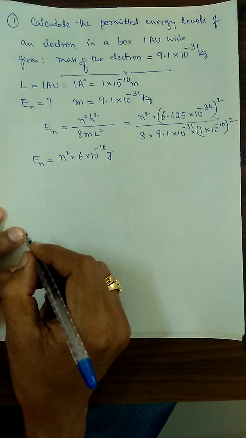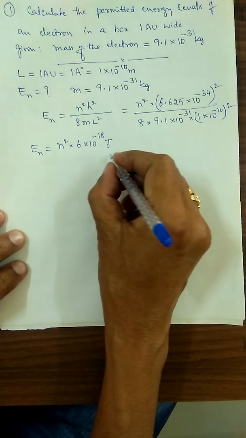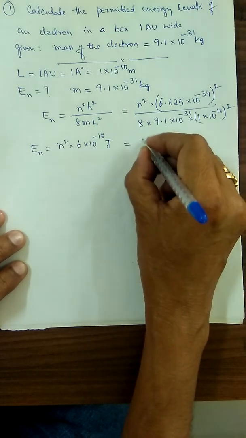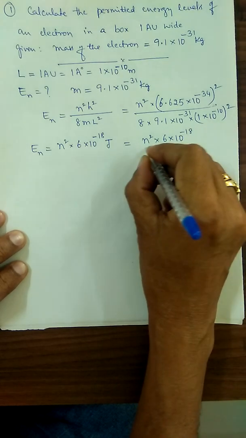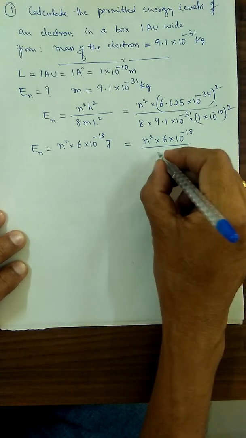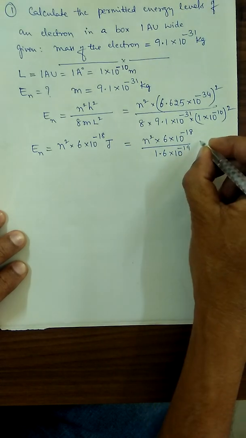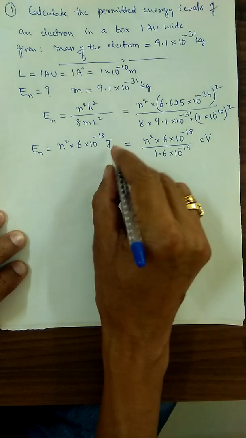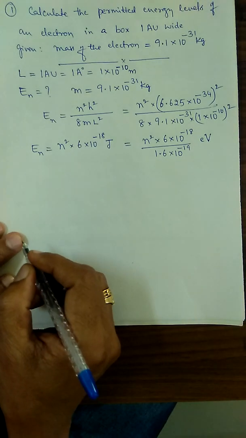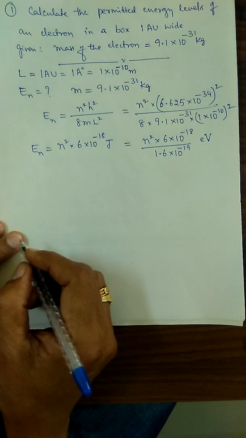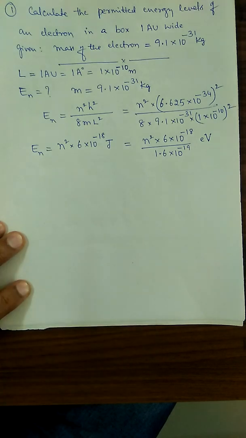So many joules. I want to convert this joules into eV now. That is equal to n square times 6 into 10 to the power minus 18 joules. To convert in terms of eV, divide by 1.6 into 10 to the power minus 19, because 1 eV is equal to 1.6 into 10 to the power minus 19 joules.